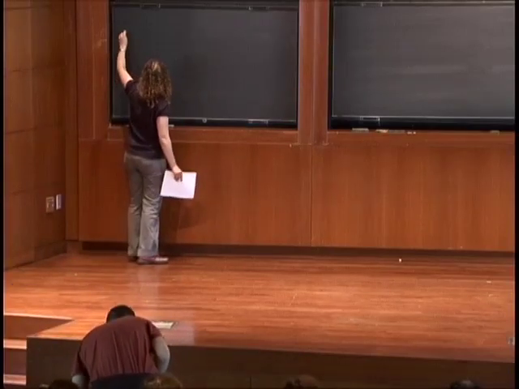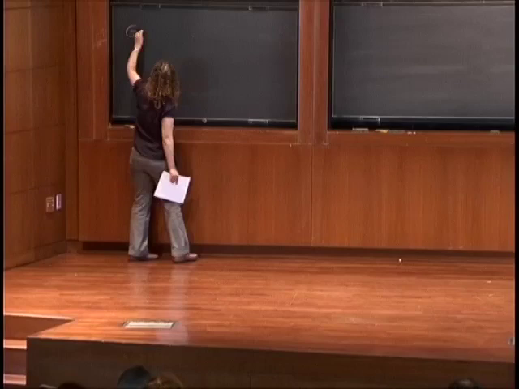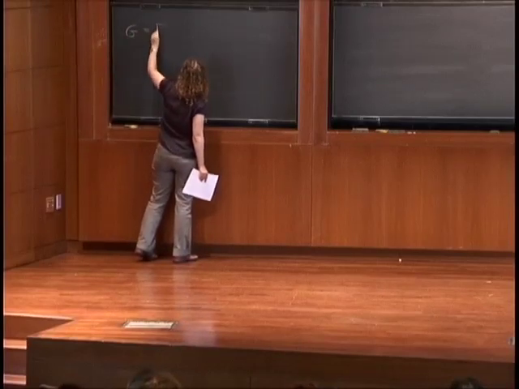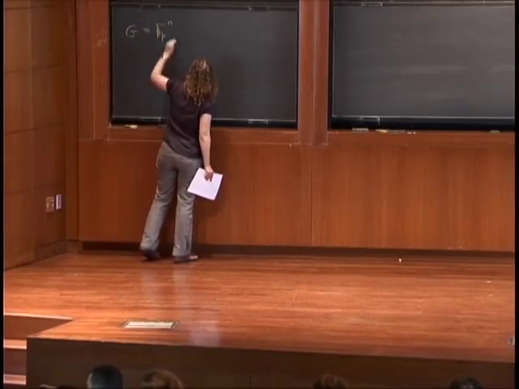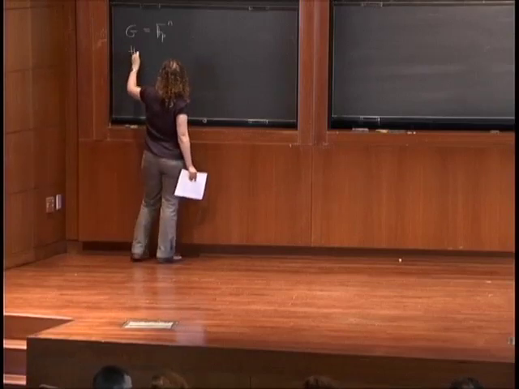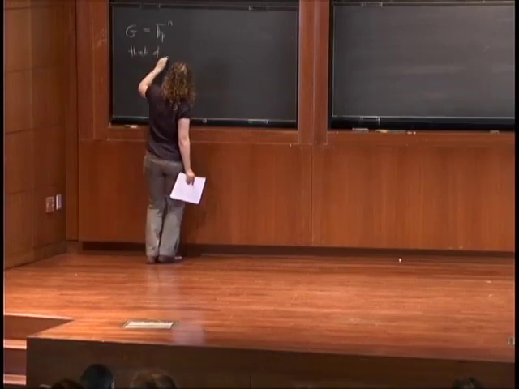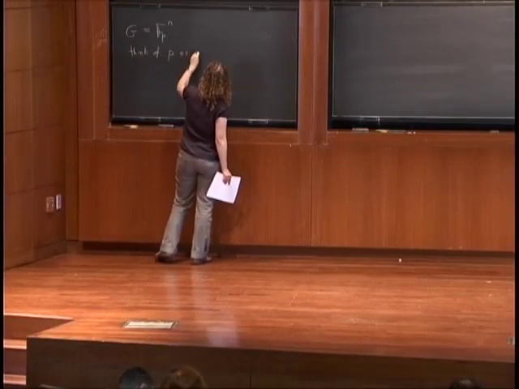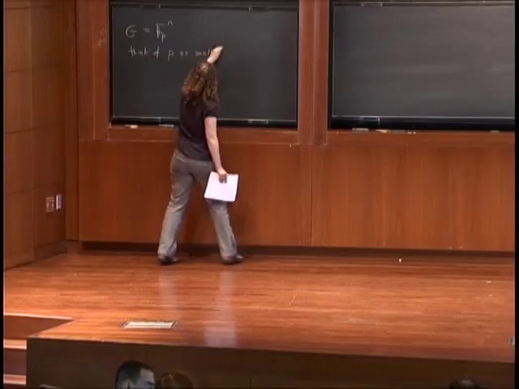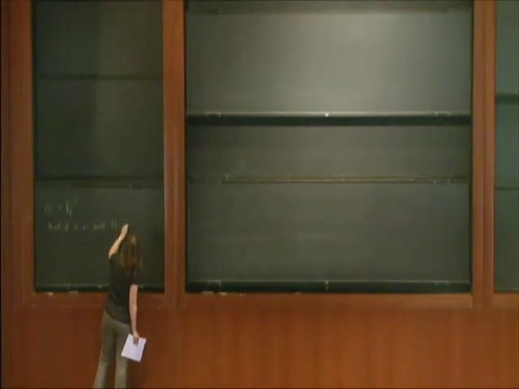So for this talk, we fix the group G, which is F_p^n. So we think of p as small, or so it's fixed, and n is large.